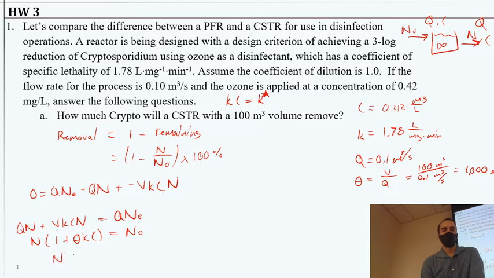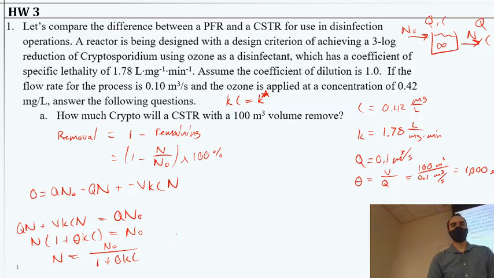And then we end up with N equals N naught over 1 plus theta K C. That will change to N over N naught equals 1 over 1 plus theta K C.